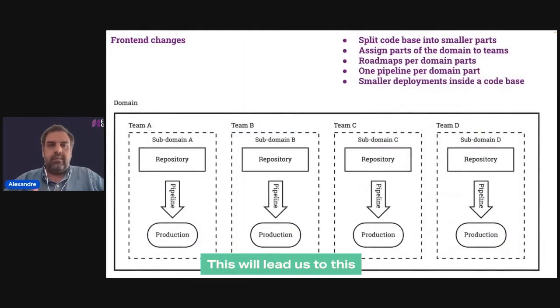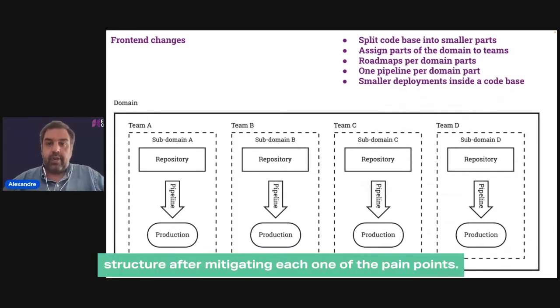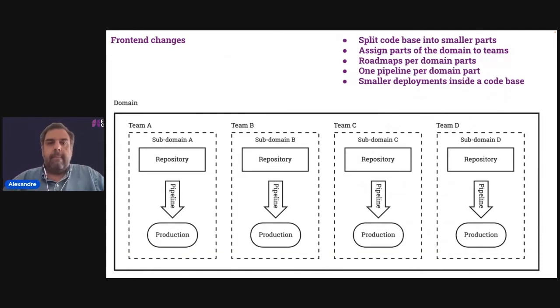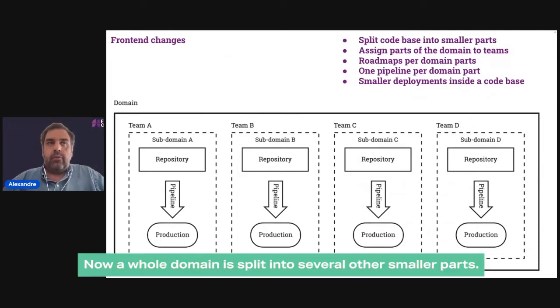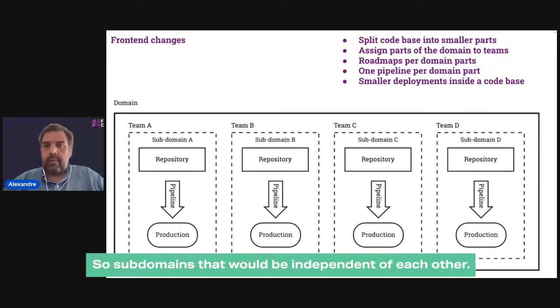This will lead us to this structure after mitigating each one of the pain points. Now, a whole domain is split into several smaller parts, so subdomains that would be independent of each other.